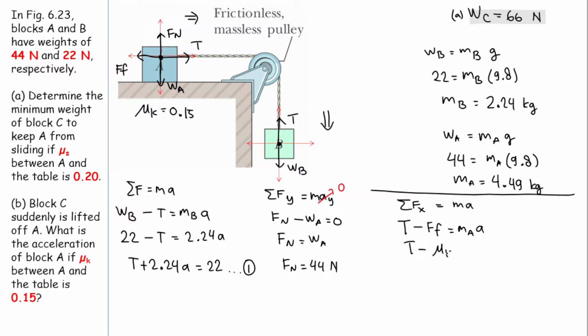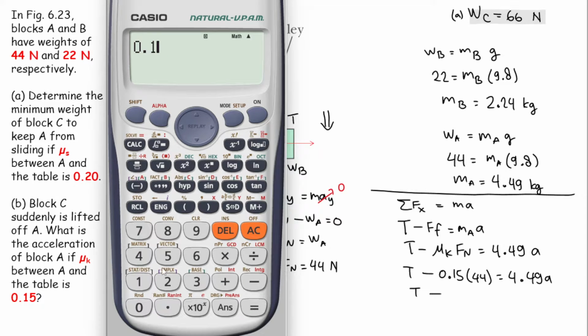So mu k multiplied by Fn, and that will equal the mass of A, 4.49, multiplied by A. We can plug in mu k as 0.15 and Fn as 44.